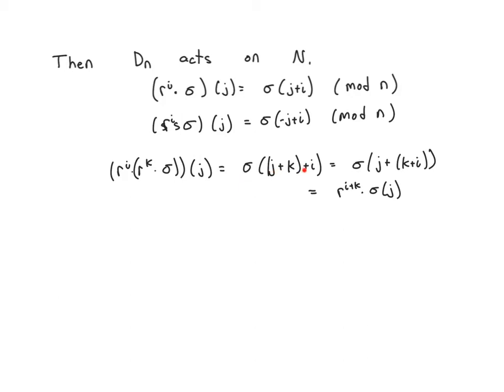But addition's associative, so that's the same thing as sigma of j plus (k plus I). Up to commutativity, that's what happens when you apply r^(I+k) to sigma of j. In other words, if you rotate the necklace by k times and then I times, you get the same result as if you rotated I plus k times.